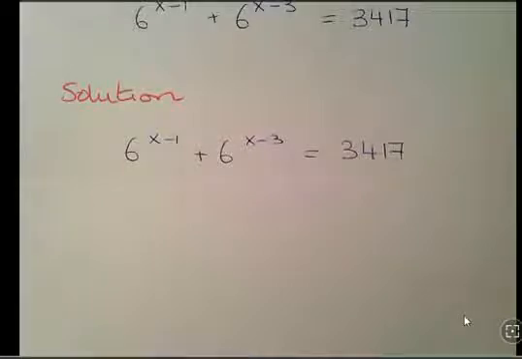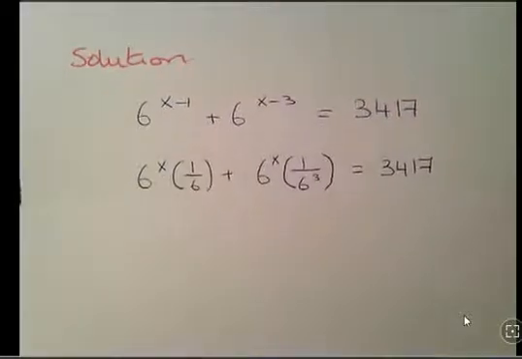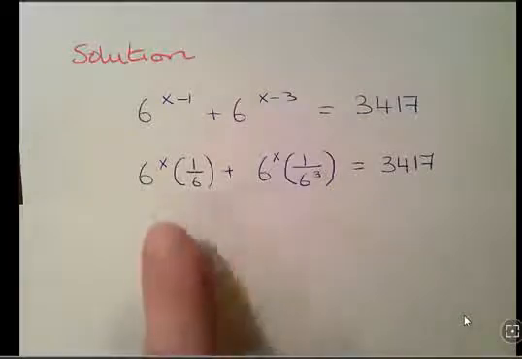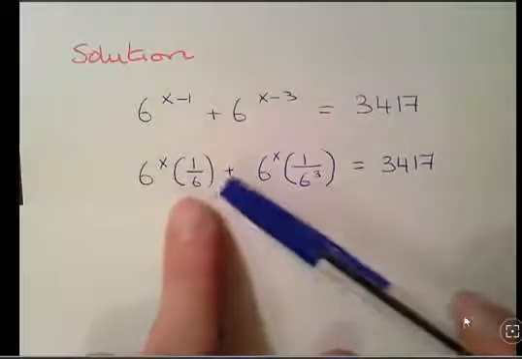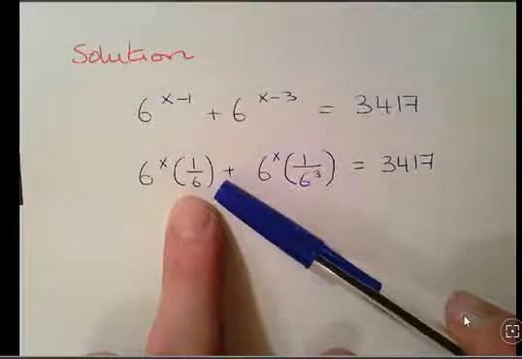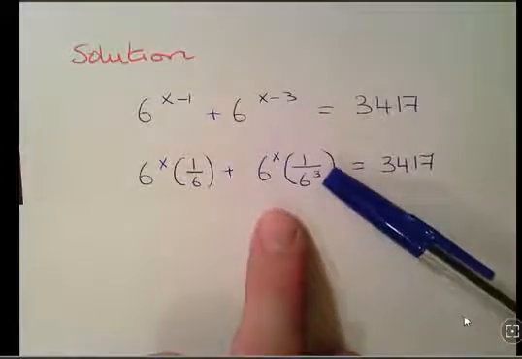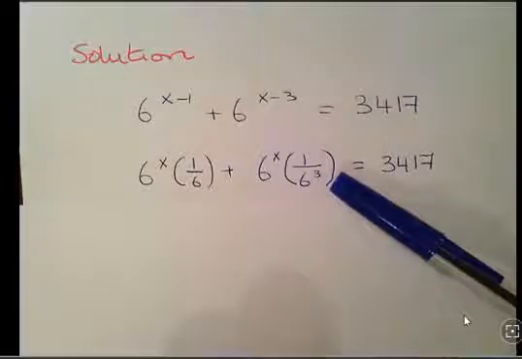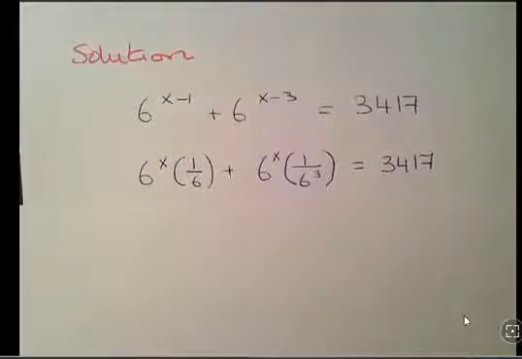We do something similar to last time. 6 to the power of x minus 1 can be written as 6 to the power of x times 6 to the power of minus 1, and 6 to the power of minus 1 is simply 1/6. Similarly, 6 to the power of x minus 3 can be written as 6 to the power of x times 6 to the power of minus 3, which is 1 over 6 to the power of 3, and that is equal to 3417.